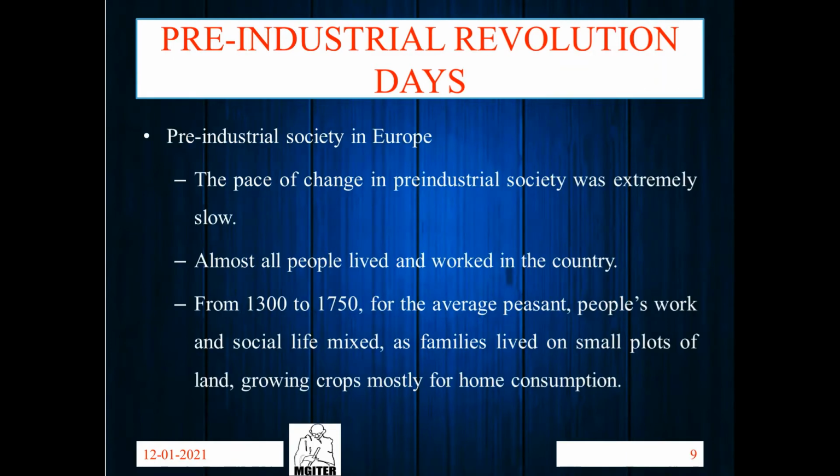Pre-industrial society in Europe. Almost all the people lived and worked in the country. Families lived on small plots of land, growing crops mostly for home consumption, not to sell in the market.